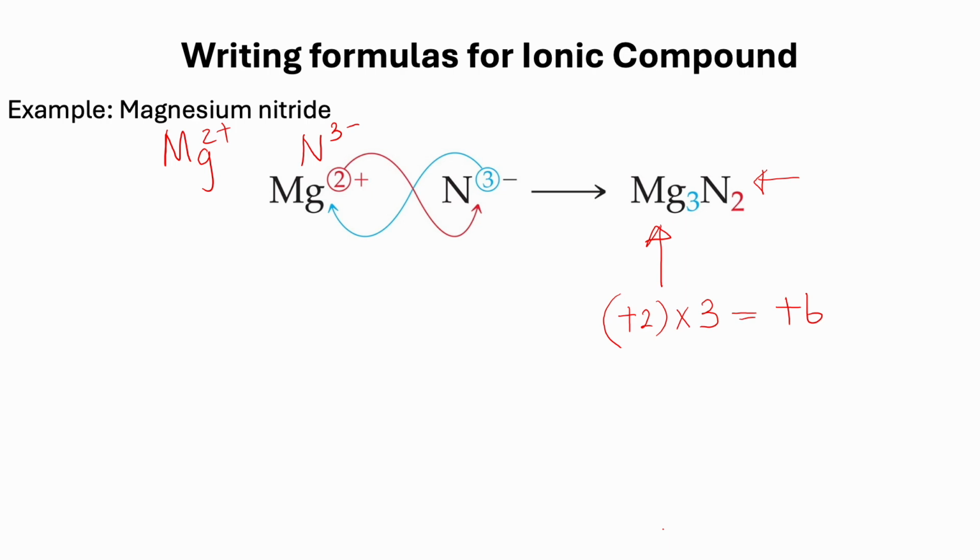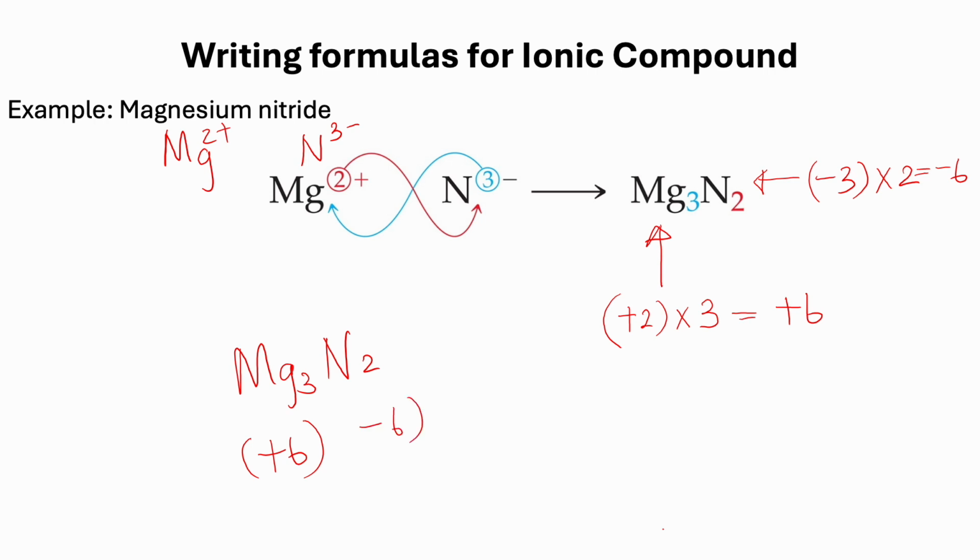Nitrogen makes a 3- charge, and when you multiply this by the number of atoms you have, that gives you -6. Now you can see in the formula you have Mg3N2. So this is +6 and this is -6. These two will cancel out and the charge is 0 when you make this formula.